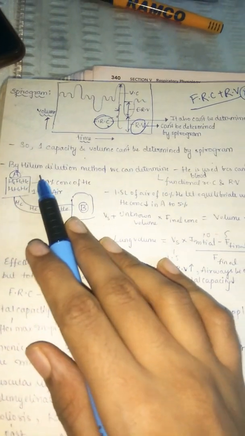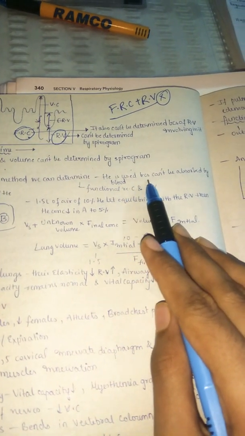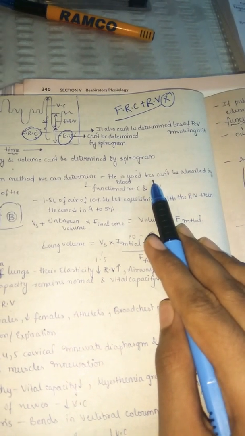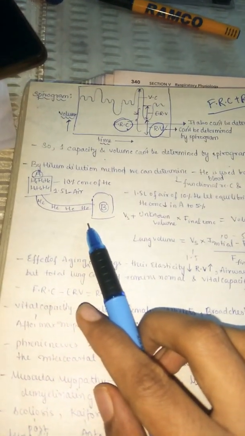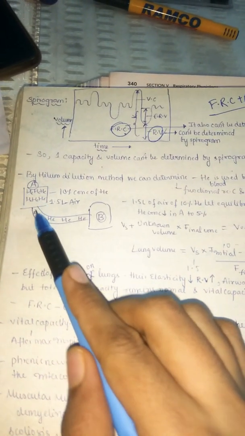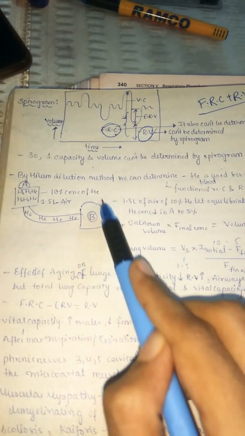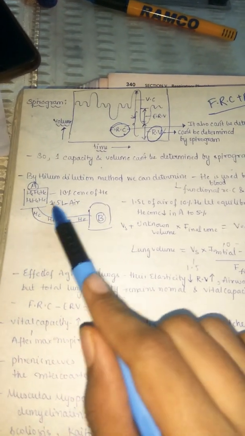So by the helium dilution method, we can determine them, because we can't measure them by spirometry. So functional residual capacity and residual volume are measured by means of this helium method. Here the helium is put in the spirometer and sent into our lungs, with 10% concentration of helium in 1.5 liters of air.